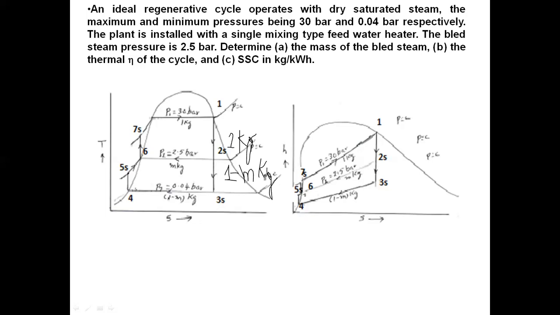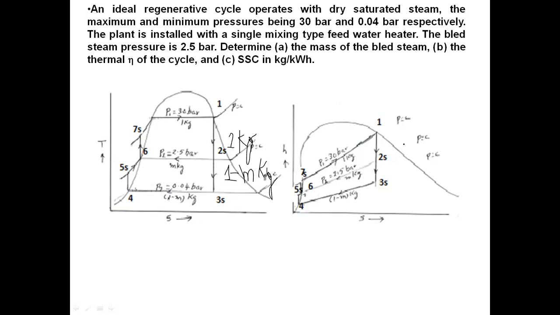Pump 1 handles 1 minus m kg. The m kg combines over here. Again pump 2 handles 1 kg of the mass from 6 to 7. You need to note here we have two pumps. In the diagram I showed earlier we had three pumps because there were three feed water heaters.